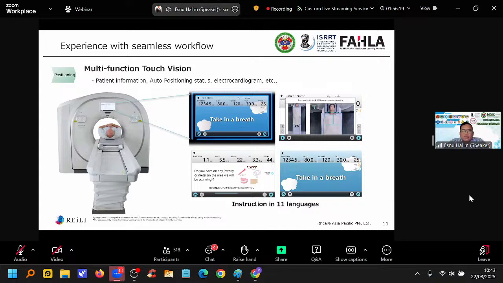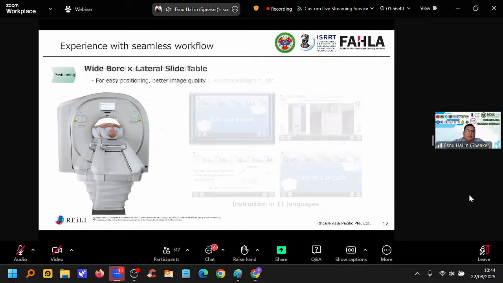We can train the patient, for example in breathing, so that we can acquire the image in one single acquisition. And then we can just let the system position to the target area and collimate it, and so on. So this is the technology.